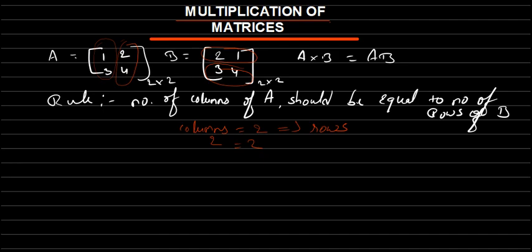What does this mean? When you do this kind of multiplication, it can be easily covered in this way.